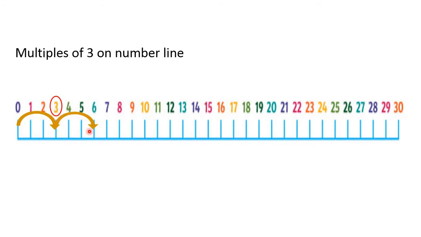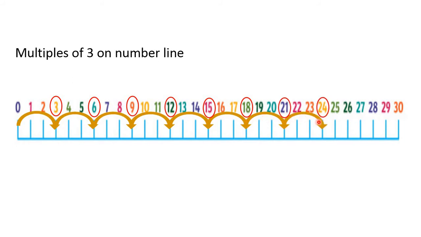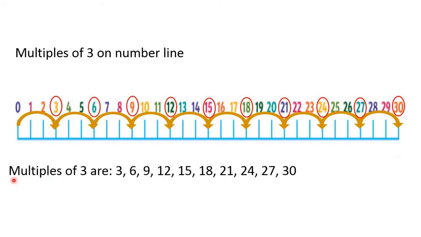So the next jump would be at 6, then on 9, then on 12, then on 15, then on 18, then 21, then 24, then 27, and then 30. And we will stop here. Now let's write down these multiples. So you will write multiples of 3 are 3, 6, 9, 12, 15, 18, 21, 24, 27, and 30.